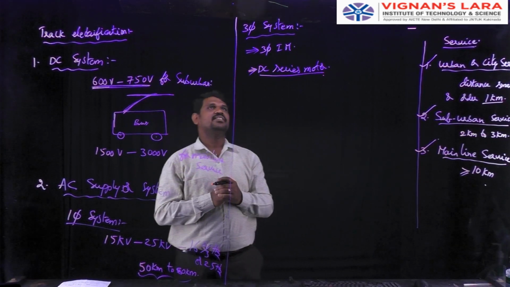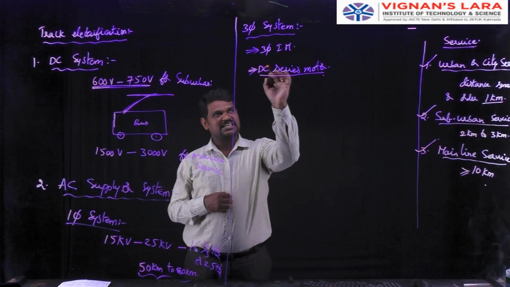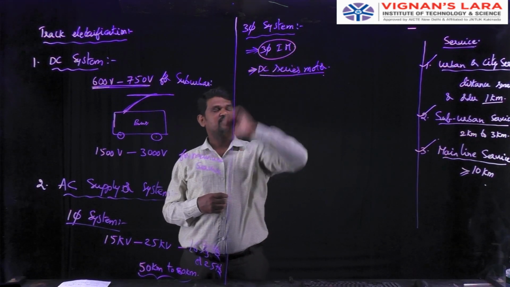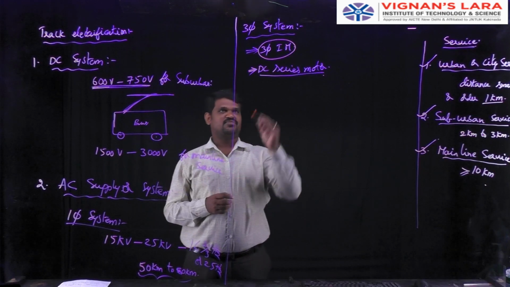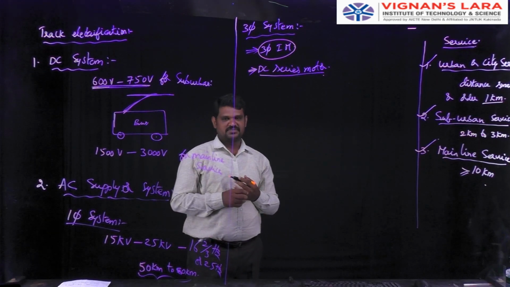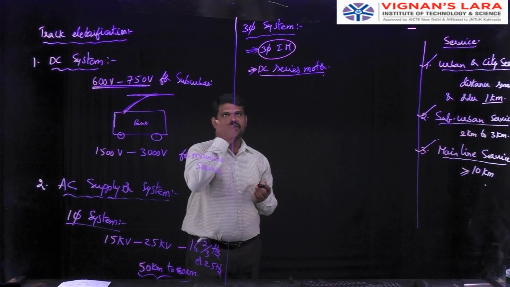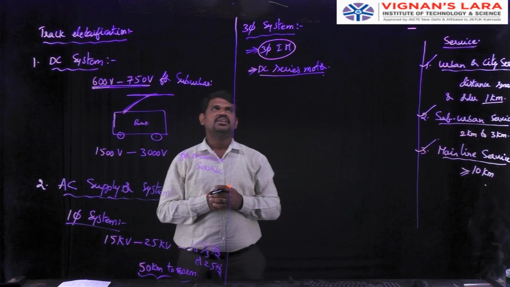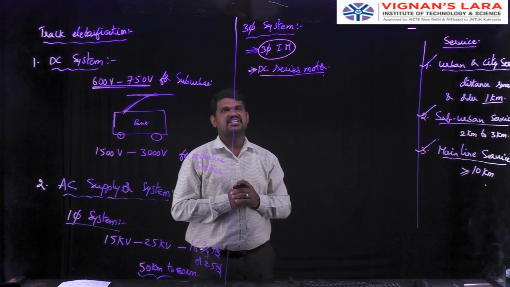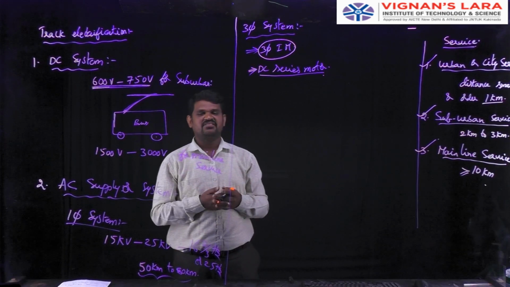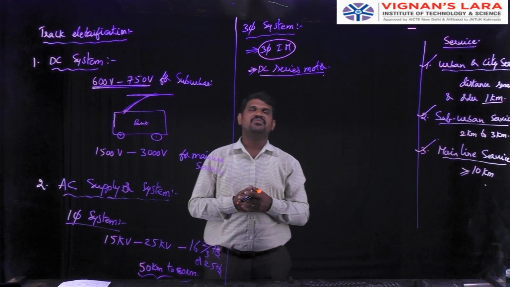For that reason, at present we are using three-phase induction motors in the place of DC series motors. Different controlling techniques are available for controlling three-phase induction motors. It may be vector control technique, indirect vector control technique, or direct vector control technique.